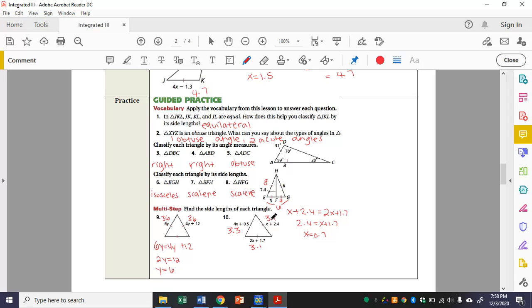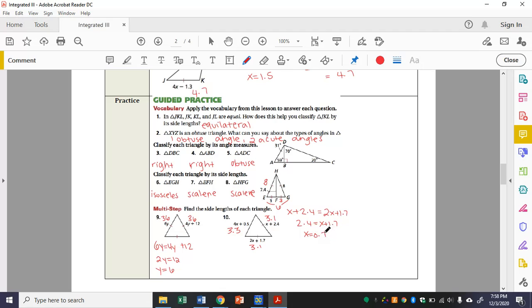On this next one, I have two side lengths that are the same, so I have an isosceles triangle, but again, I can't figure out what the side lengths are going to be unless I know what x is. So I'm going to set these equal to each other because I know they're congruent, and I'm going to solve for my value of x, and I got that x is equal to 0.7.